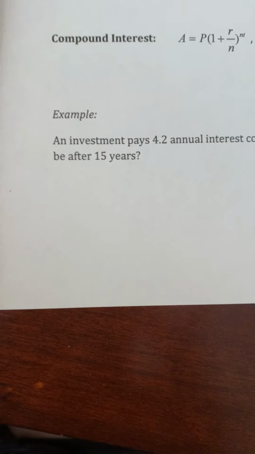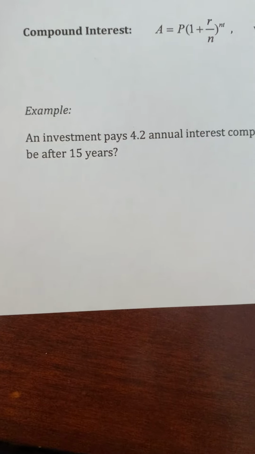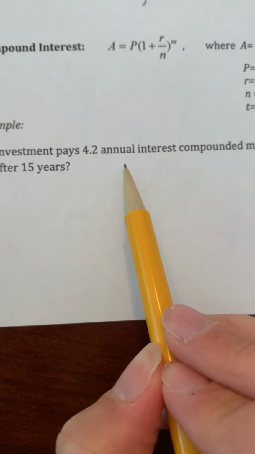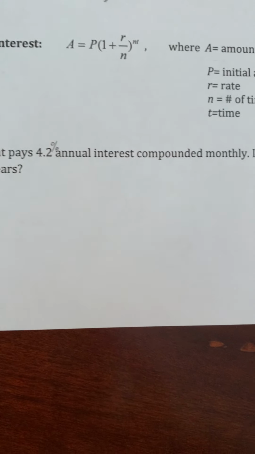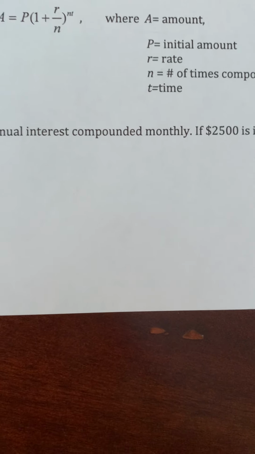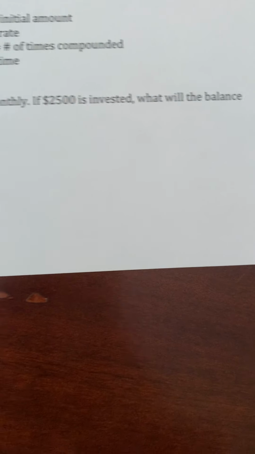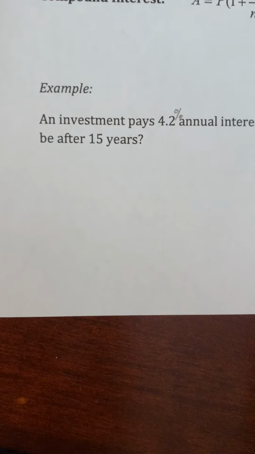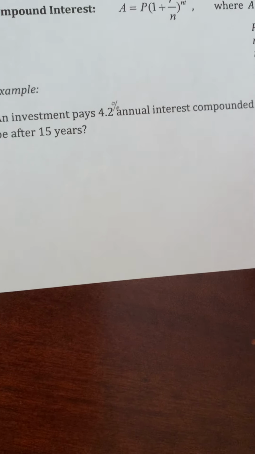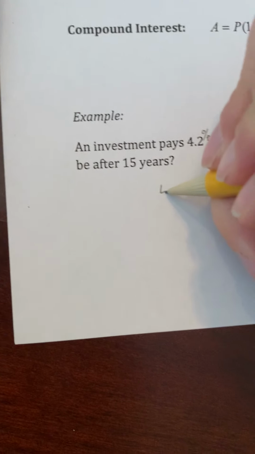So let's look at this first example. An investment pays 4.2% annual interest, compounded monthly. If $2,500 is invested, what will the balance be after 15 years? So let's jot down some of the important things. This 4.2% represents our rate.